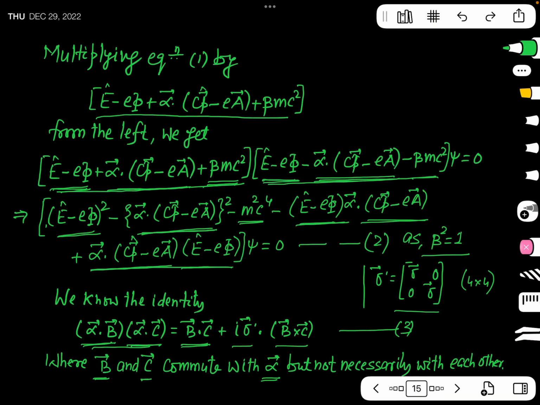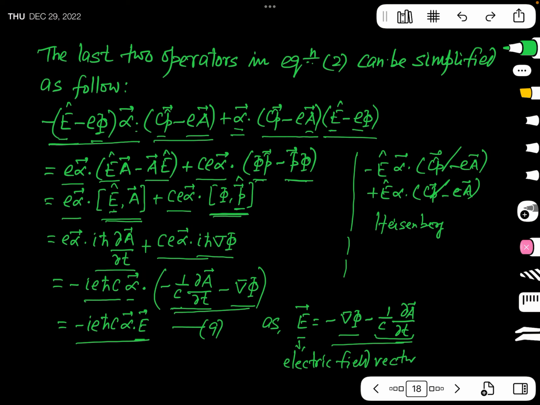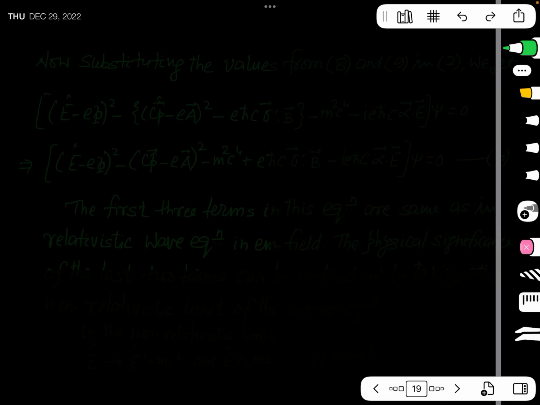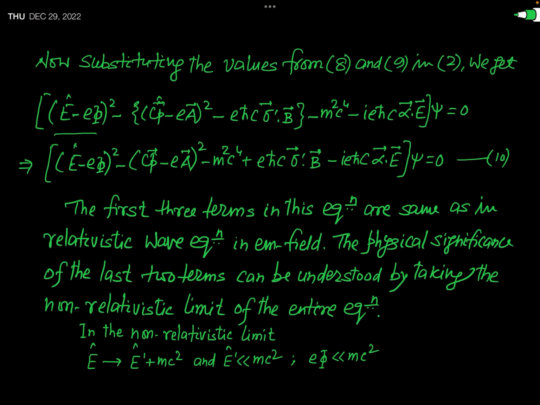So making these substitutions in equation number 2, our result will be what? You can see it here. (E minus e phi) whole square is as it is, and in place of the second term we write this much because you have obtained it: minus (cp minus eA) whole square minus e h bar c sigma dash dot B, and minus m square c^4 as it is.